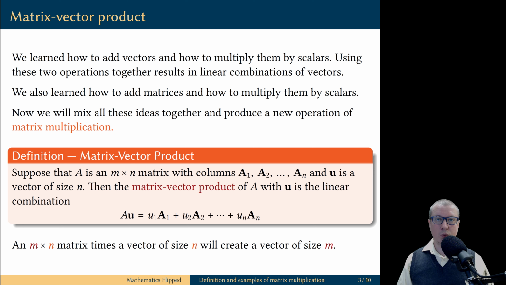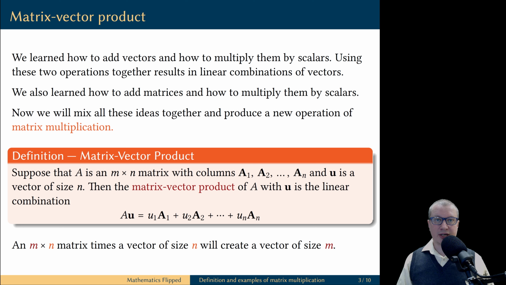Now you see why the size of the vector u must match the number of columns in the matrix A. And if you start with the matrix of size m by n, you can multiply it by a vector of size n, and the result of this product is going to be a column vector of size m. Let's understand why.